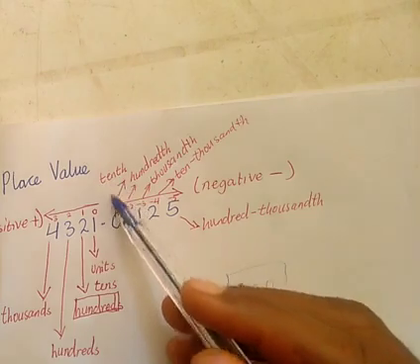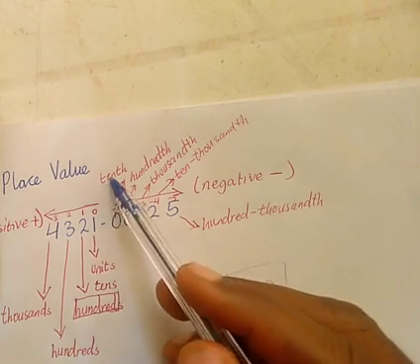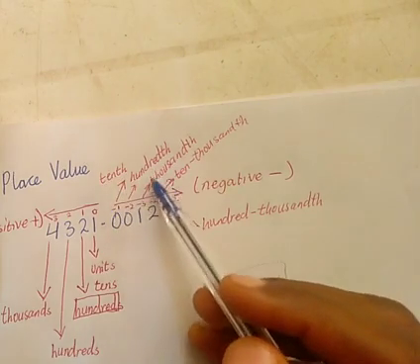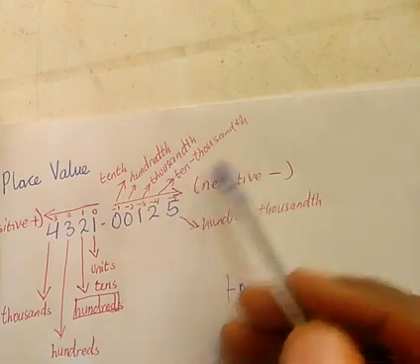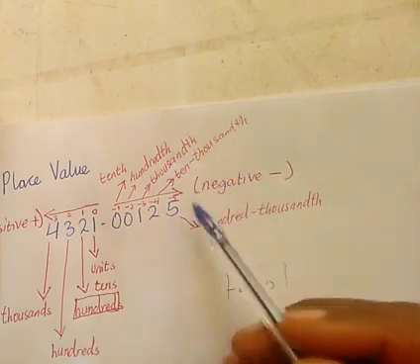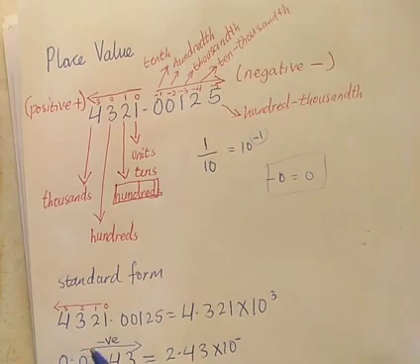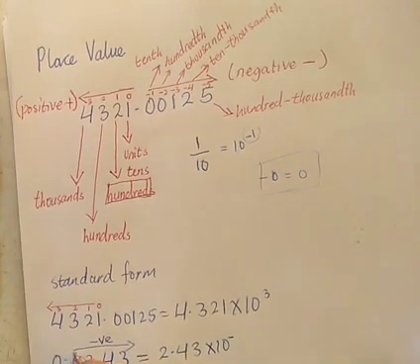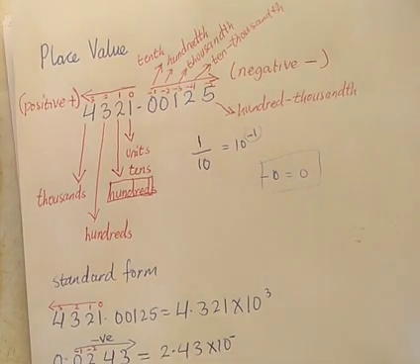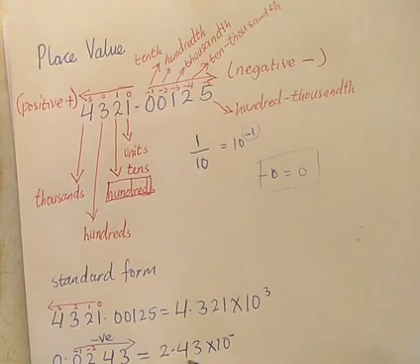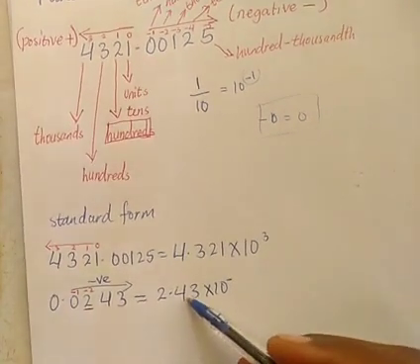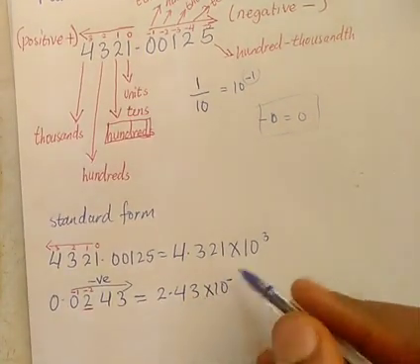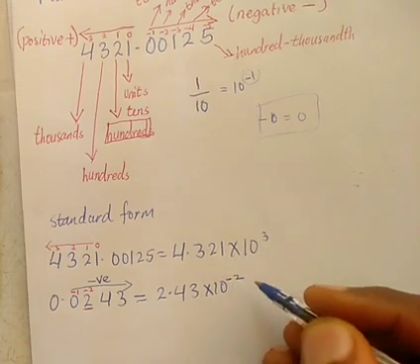Now, this is called a tenth, T-E-N-T-H. Hundredths, thousandths, ten-thousandths, hundred-thousandths. Like that, it goes on. So what is the place value of 2 here? Since this is minus 1, this is going to be minus 2. So the final answer now will be 2.43 times 10 raised to power minus 2.